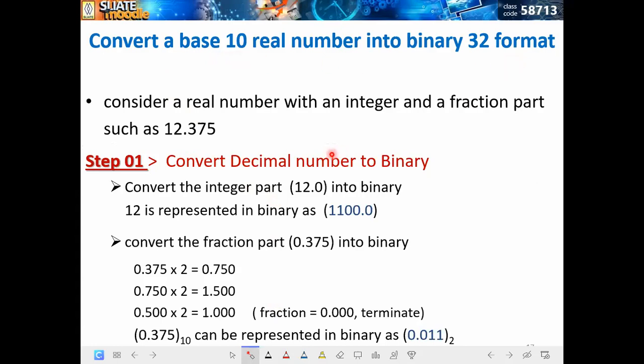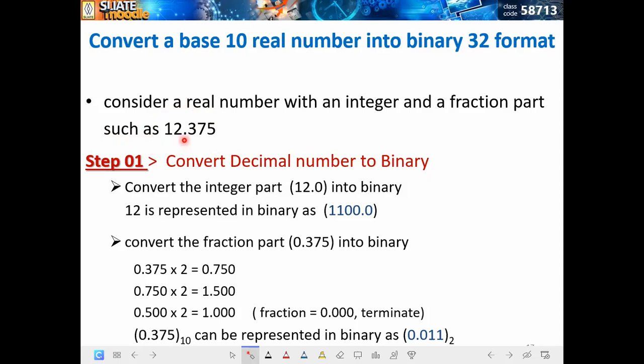We first consider a particular decimal number, then you have to represent that decimal number in the IEEE 754 binary 32 floating point format. The first step is to convert the decimal number to binary.